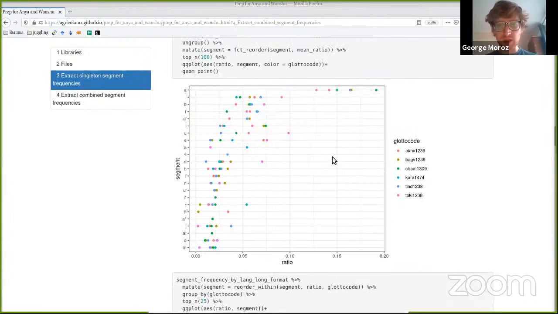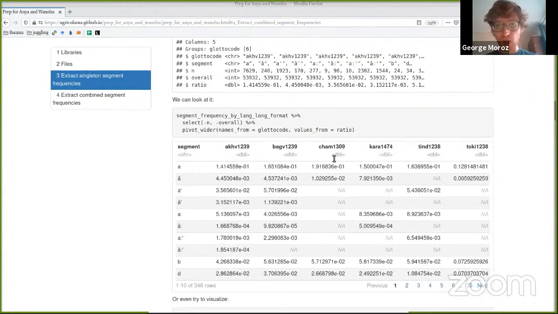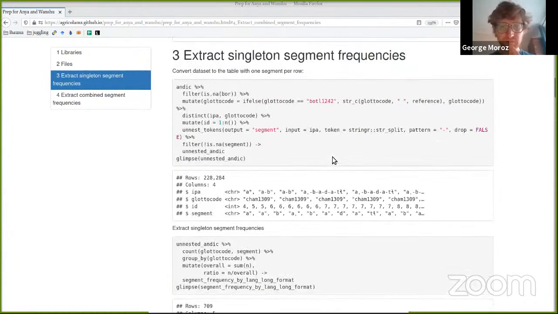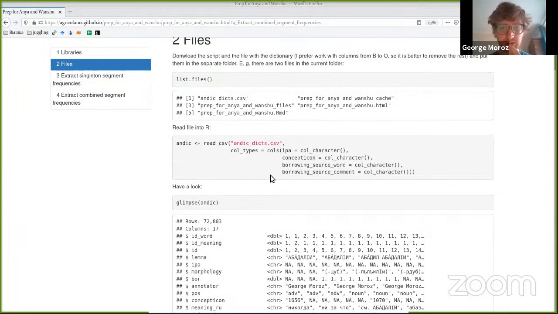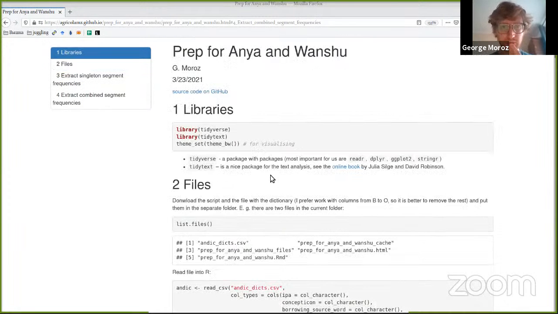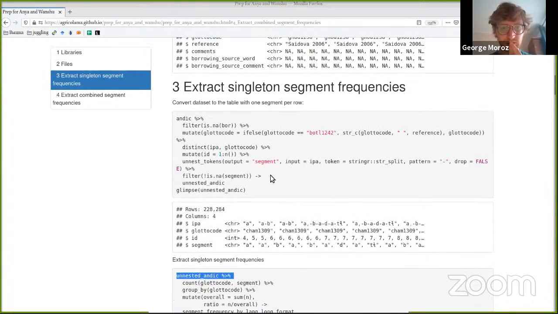So imagine that we have this unnested endic, and it is created here.